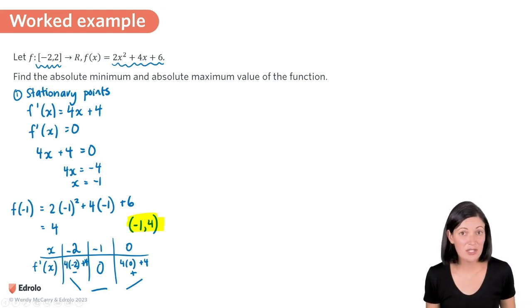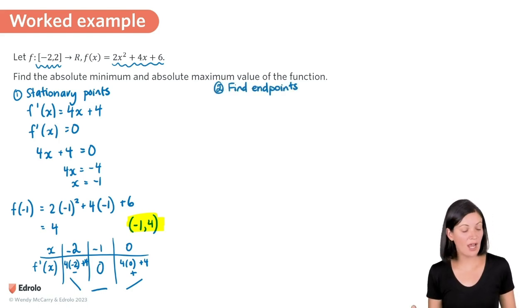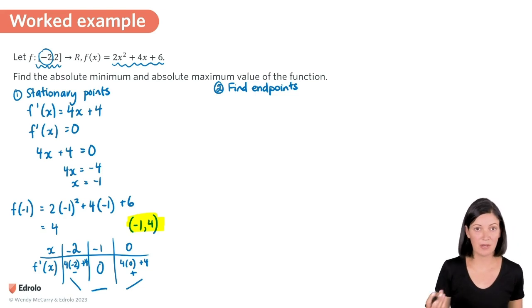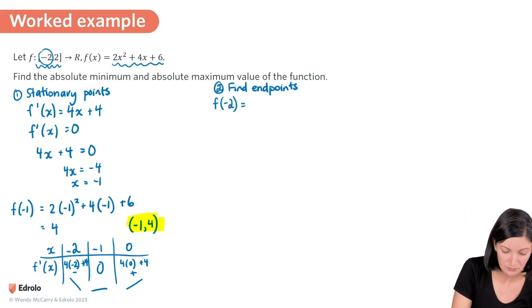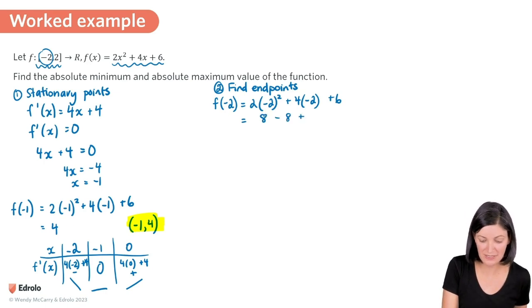Okay, the next thing we need to do is work out the coordinates of our endpoints. Okay, so first I'll take a look at when x = -2. So I'm going to substitute that directly into f(x). Here I end up getting 2 times 4 is 8, minus 8 plus 6.